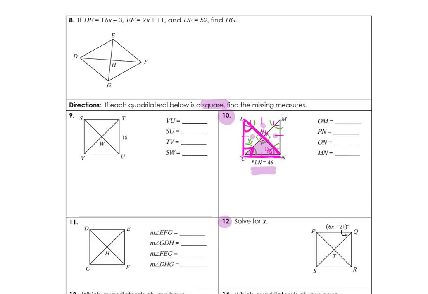So if you're looking at a 45, 45, 90, where this is 46, they told us the diagonal of that square. Then if I want to know the length of one of these sides, I can call them both x. So it's x squared plus x squared equals 46 squared, which means it's 2x squared equals 46 squared.